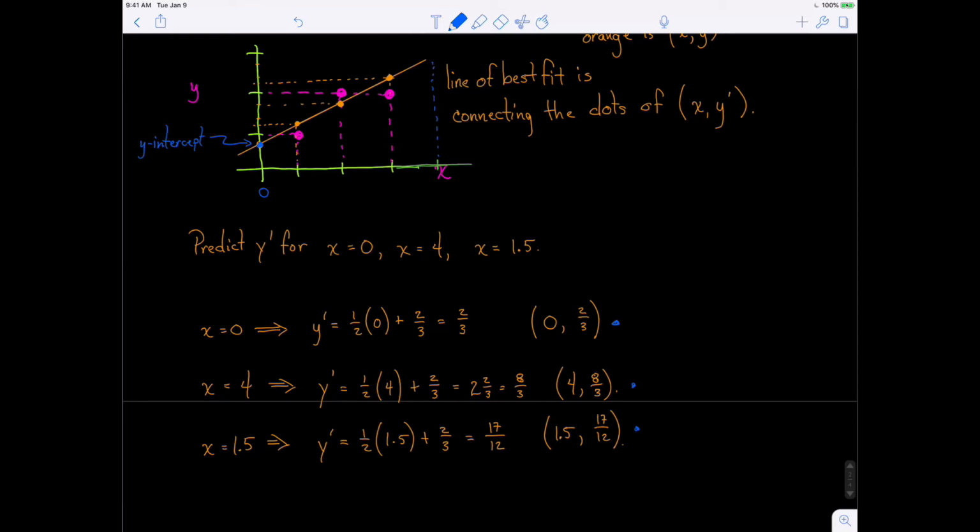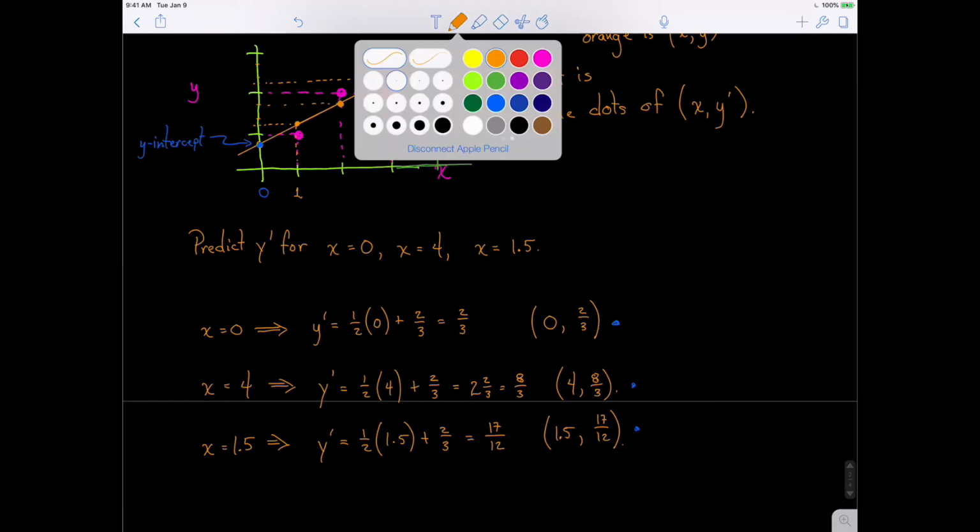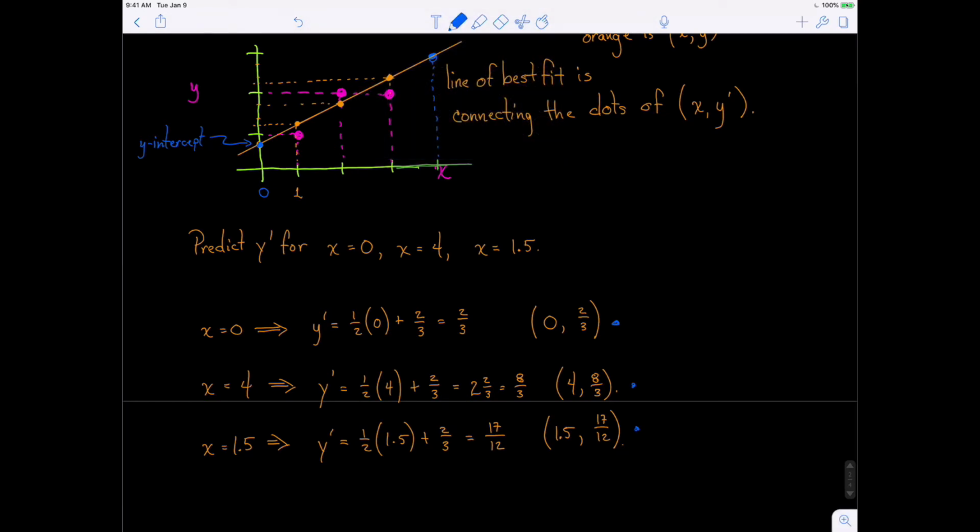Well, that's going to land on the line right there, 8/3. And let me extend my line out a little. There. And my last one is 1.5. Well, here's 1, and 1.5 is right in between 1 and 2. So that's this point right there.